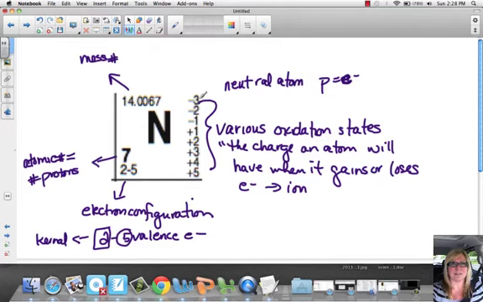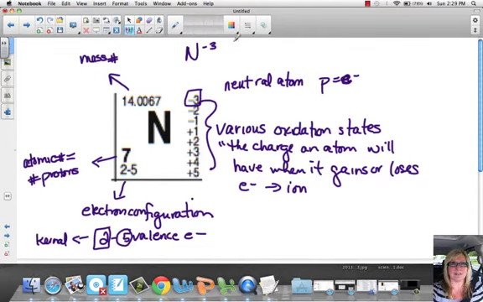So let's look at this top one as an example. -3. If I say N -3, what that means is it has gained, because electrons are negative. And when I gain negative charge, I become more negative.